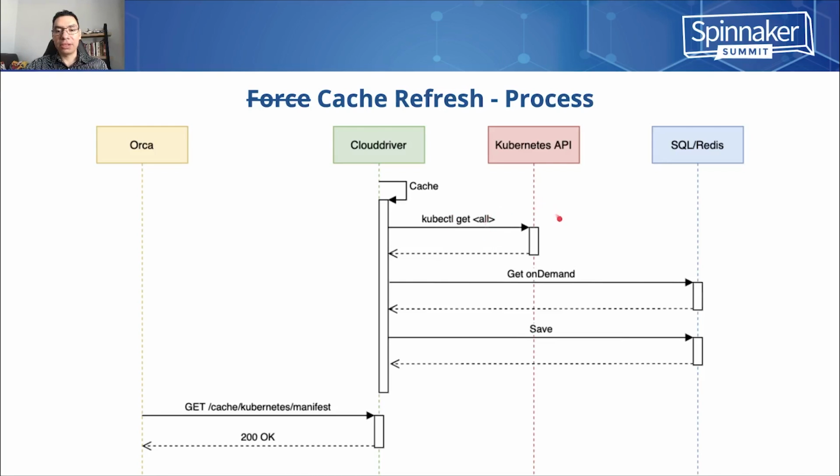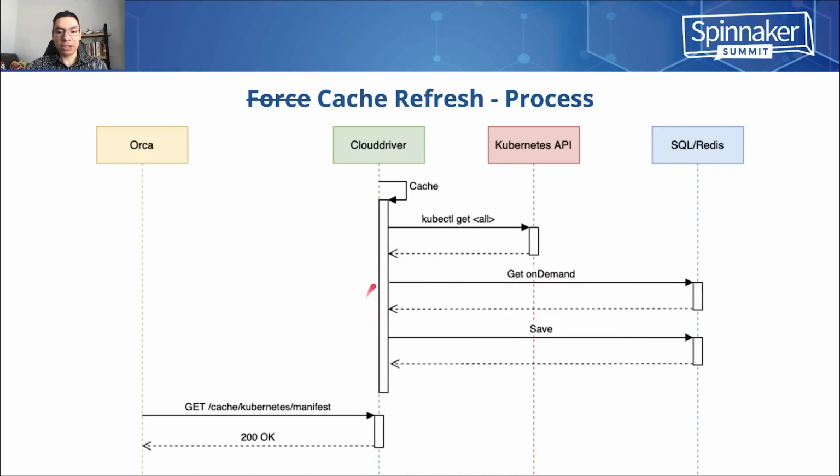So you can see that calls like this could take a really long time to complete if you have a lot of objects in your Kubernetes server. After that, when the caching agent retrieves the infrastructure, it retrieves the on-demand region from persistence to know all of the objects that were requested to be refreshed by Orca.